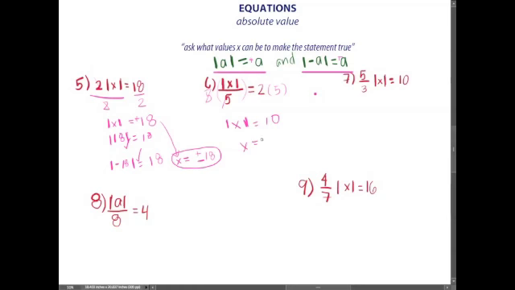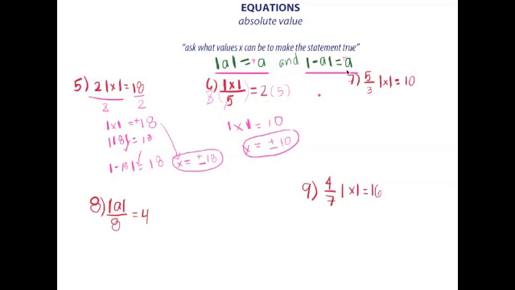X would have to be a positive 10, but it would also have to be what else? Also a negative 10. Okay. So once you're able to get the absolute value of x by itself, look at what the number is on the right side, and the answer is just a plus or minus version of whatever you get on the right side of the equal sign.